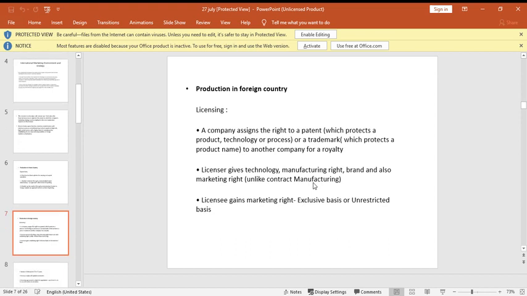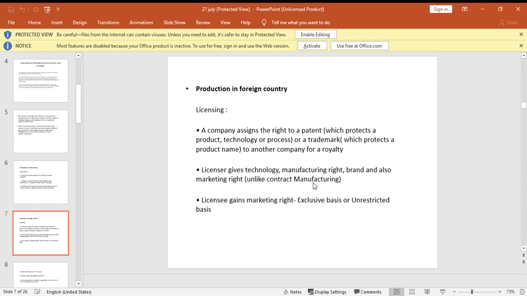Then production in a foreign country, that is, licensing. A company assigns the right to a patent which protects a product, technology, or process, or a trademark which protects a product name, to another company for a royalty.